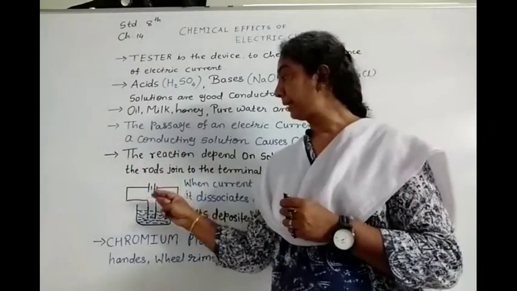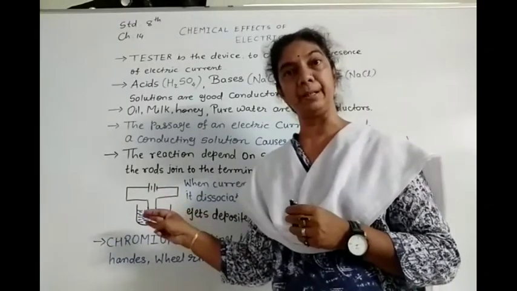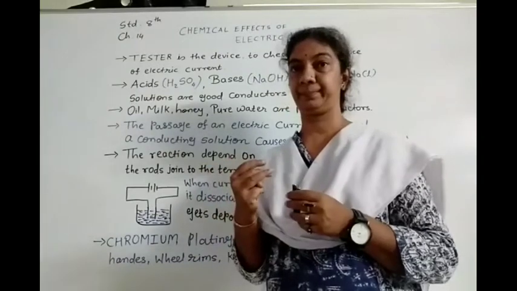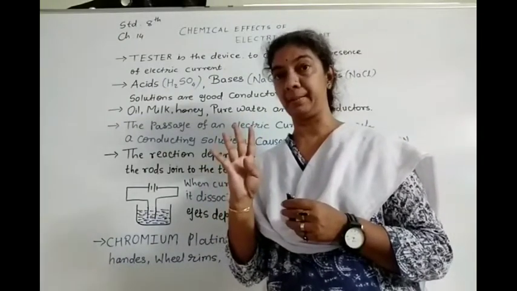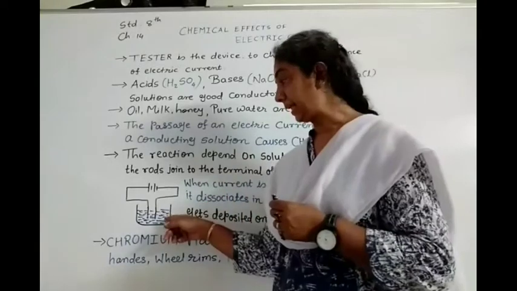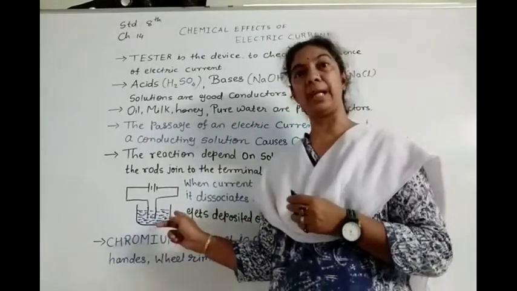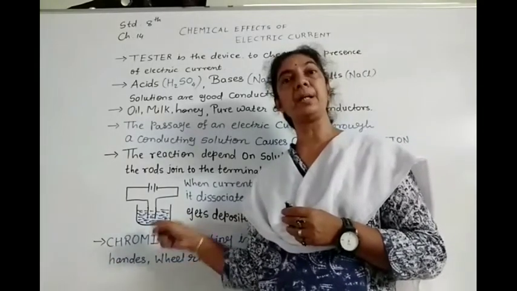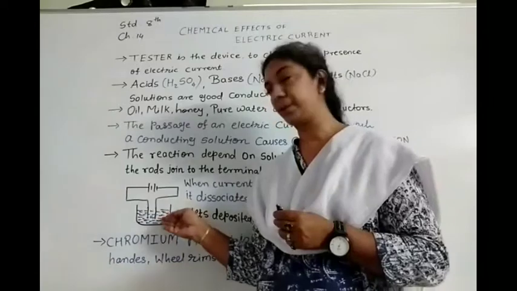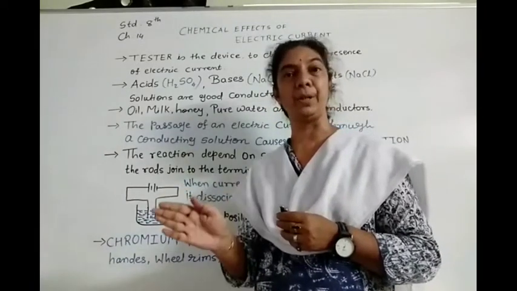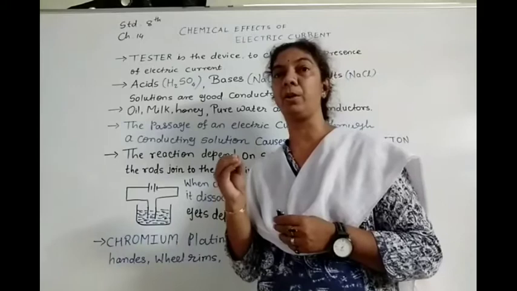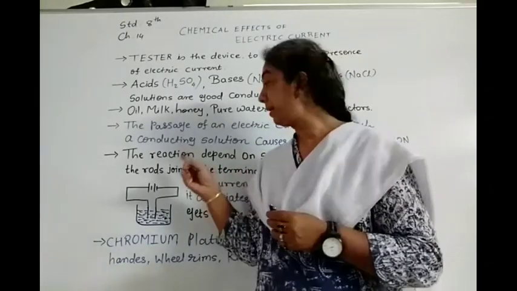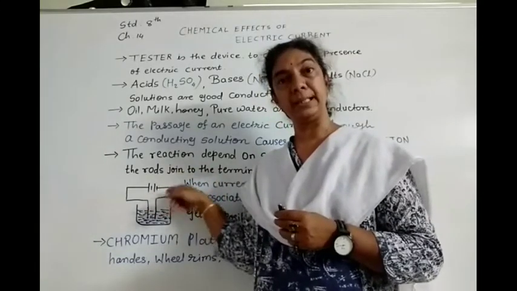Third, the connections which are done over here might not be proper. And the fourth important thing you can mention is that the solution, this electrolyte which we are using, may not be a good conductor, or in other words, the solution we have taken is an insulator or a poor conductor of electricity. These are the reasons because of which the bulb cannot glow in this circuit.